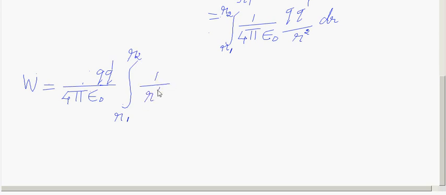I'll write here W equal to 1 by 4 pi epsilon naught into Q Q dash into integration from R1 to R2 of 1 by r square dr. So integrate and substitute the limits.